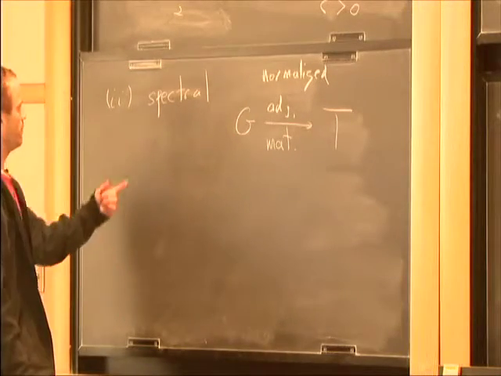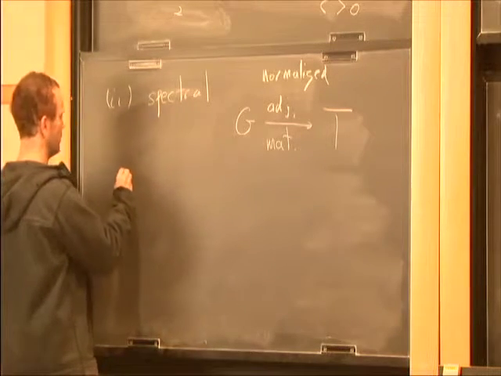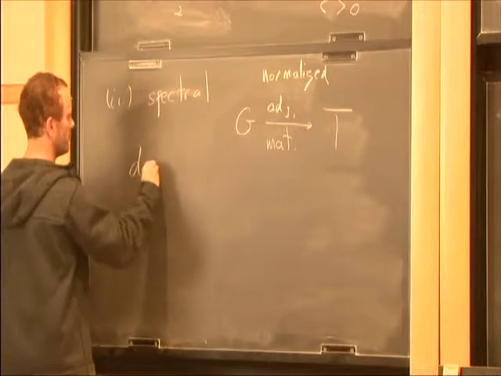And the graph G is an expander if, so we have a graph G. Let's say that it is D-regular.